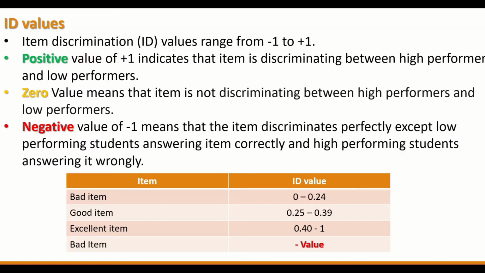A good item when the value is between 0.25 and 0.39. An excellent item when the value is between 0.4 and 1. If the ID value is negative, then the item is very bad and it is recommended to remove and exclude the item from the exam or the test.